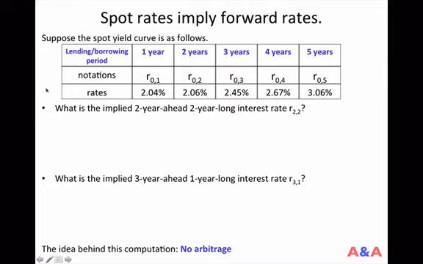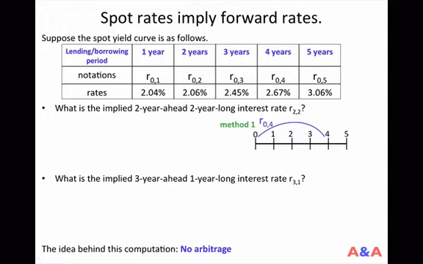Question: what is the implied 2-year ahead, 2-year long interest rate, R22, implied by these spot rates? To answer that question, note that there are at least two ways to invest your money for 4 years. One is to invest your money through the 4-year spot rate contract, to which the interest rate R04 is applied.